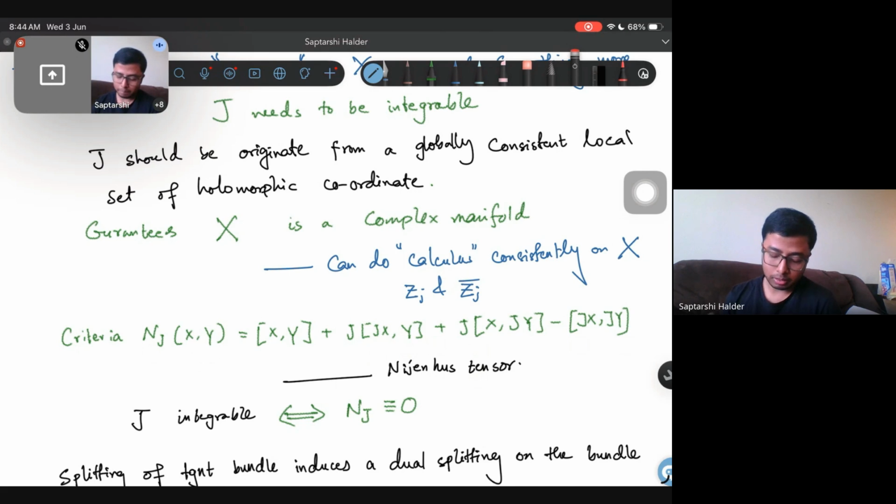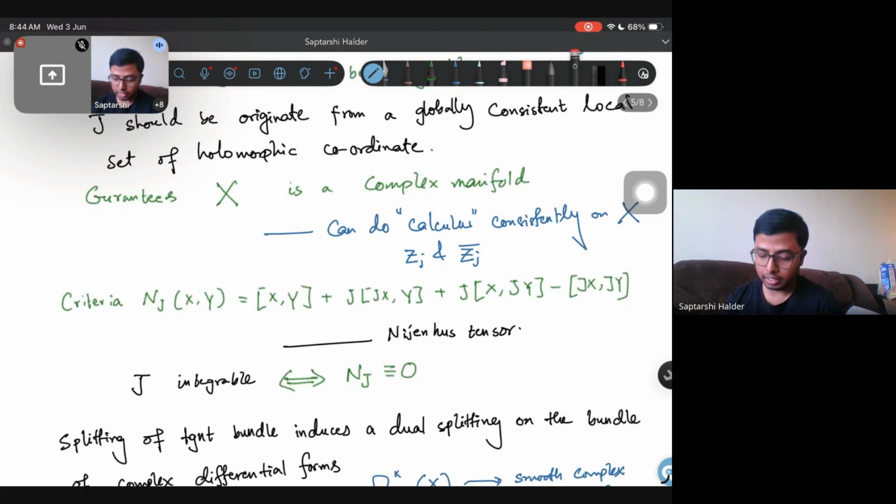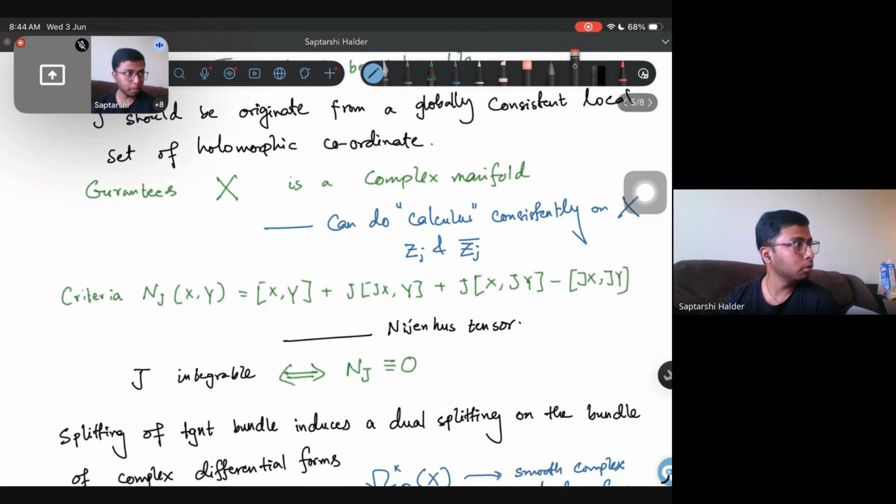But this is not the point. The point is that if this whole thing is identically zero, then we call J integrable. So to check whether a complex manifold has an integrable structure or not, we can check whether the Nijenhuis tensor vanishes identically.